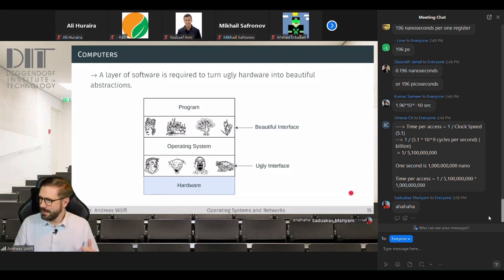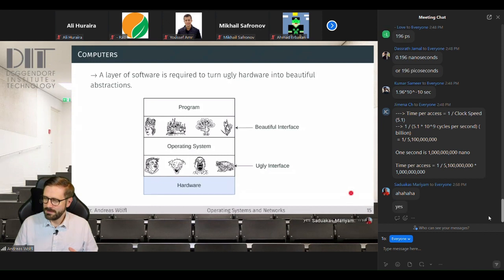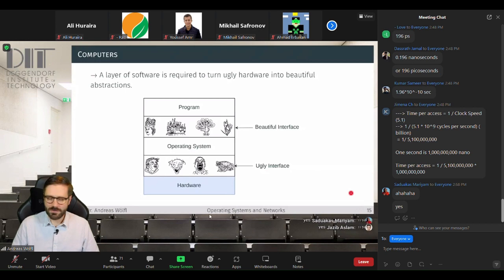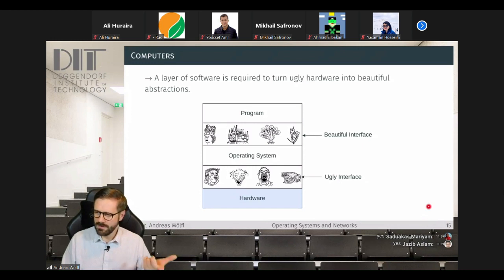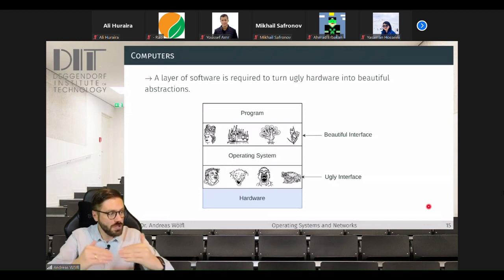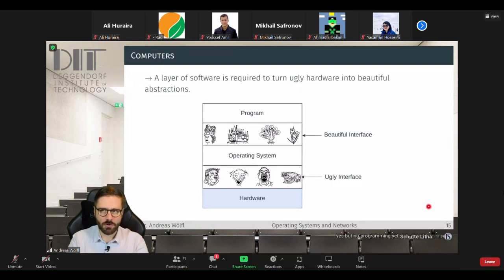Question to the round: did you have your first Programming 1 lecture already? Yes. So I guess you did a Hello World, and you know what a System.out.println is, right? I assume that you're programming in Java. What this Java line does internally is it communicates with the operating system, because the operating system is the hardware overlord.